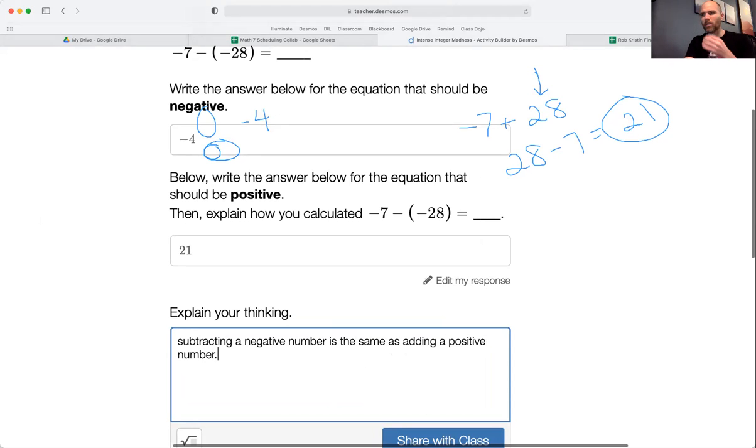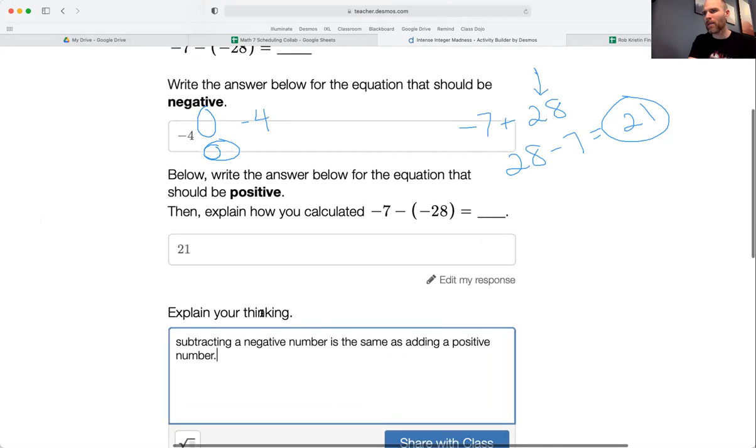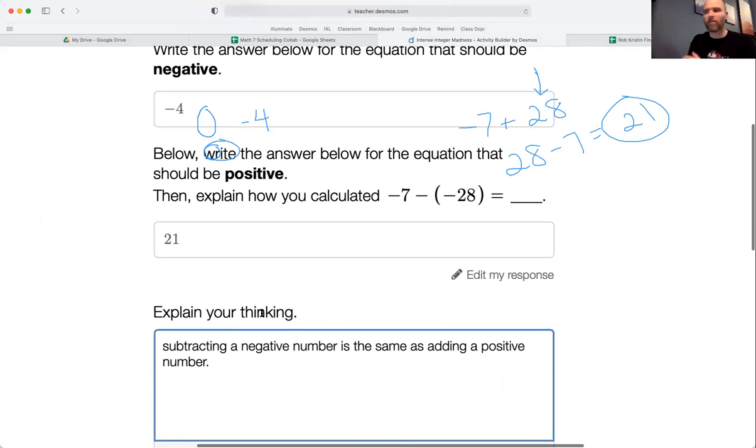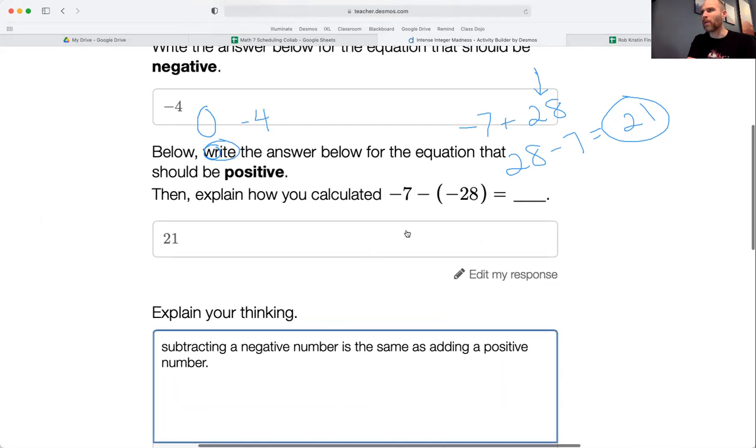I mean, there were more pieces to it, but that was the main, most important piece in my opinion. So for me, that's a good enough explanation, just explaining that we essentially changed a minus negative 28 to plus 28 over here. And then I used sort of a funky strategy that involved subtraction to solve it. So there's a bunch of different adding and subtracting things going on here.